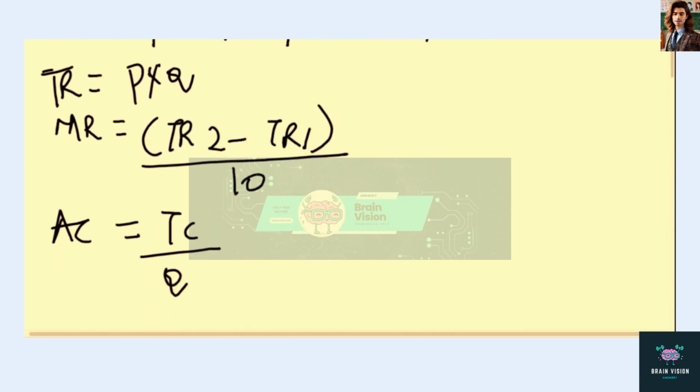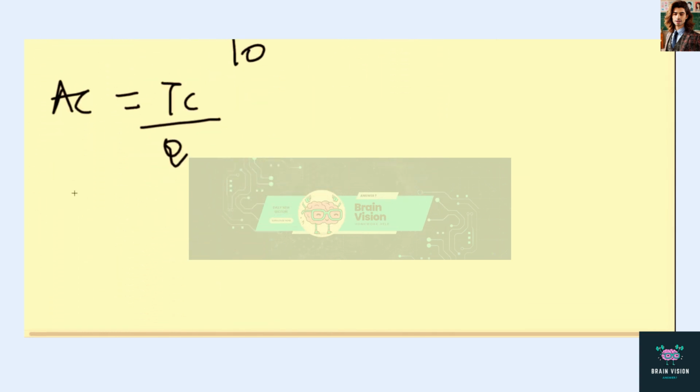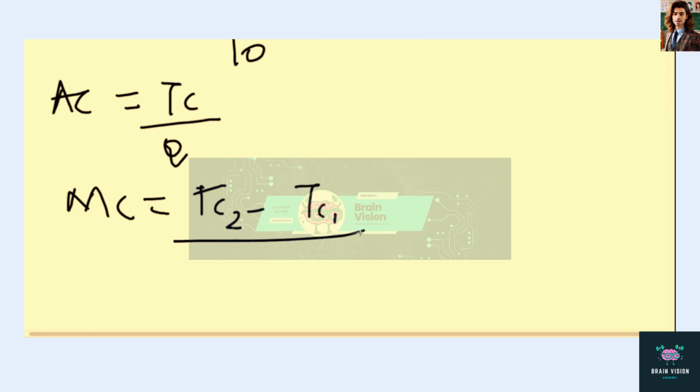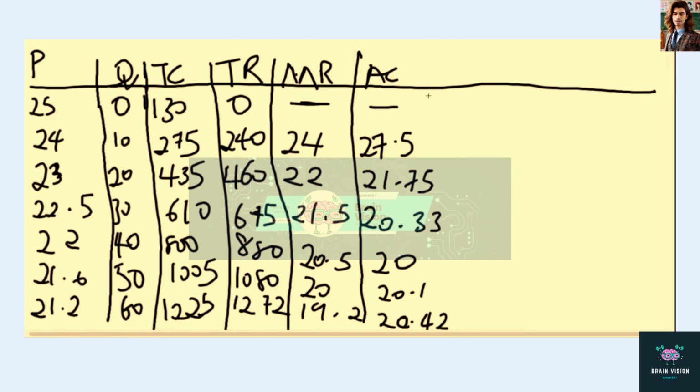The next thing the question wants us to find is the marginal cost. The formula for marginal cost is total cost 2 minus total cost 1 divided by 10.